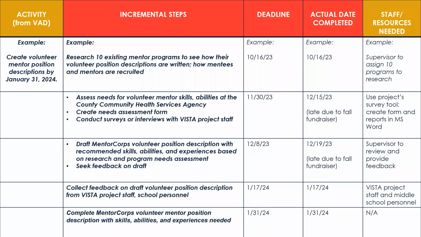So at a glance, I don't expect you to read the detail that's on screen. It's probably super tiny for you right now. Please don't sweat that if it's not easily read. But I just wanted to show you a fuller look at what an example in a work plan looks like, from activity in a VAD through the incremental steps, plus the initial deadlines, plus the actual dates completed, and the staff and resources needed.